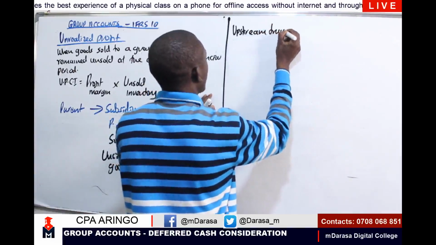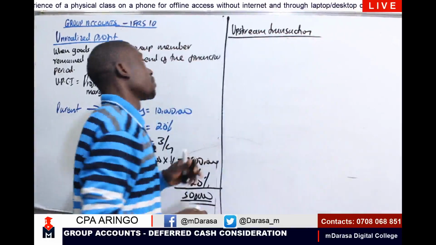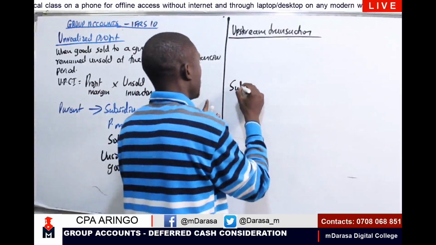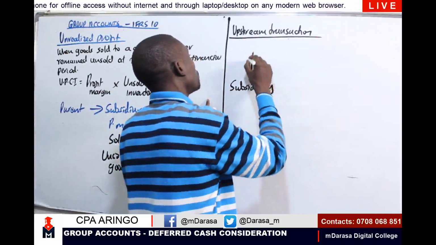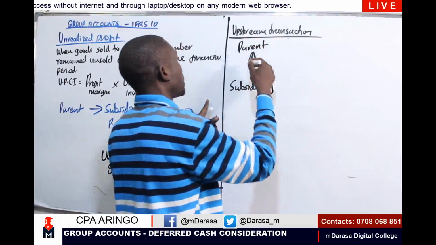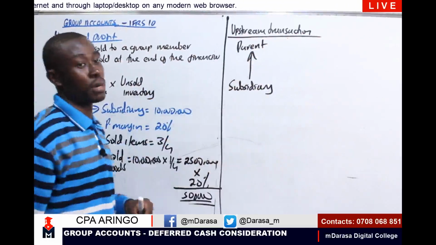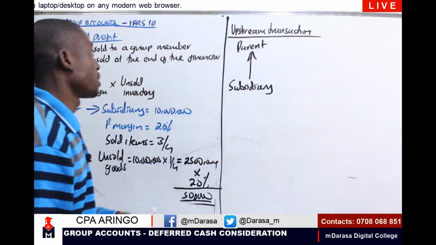An upstream transaction is whereby I'm having the subsidiary selling goods to the parent. This is what I'm terming as an upstream transaction, where the subsidiary is selling goods to the parent.